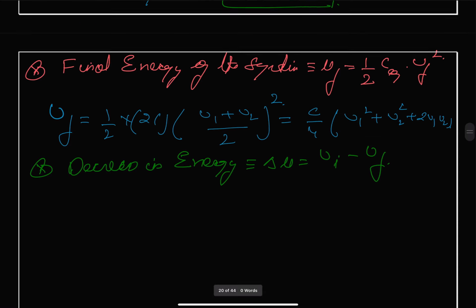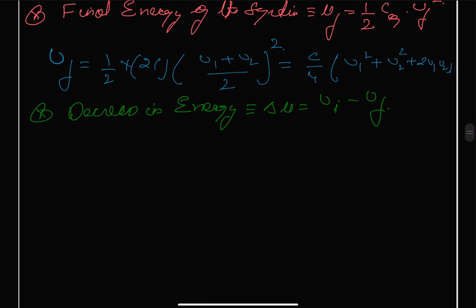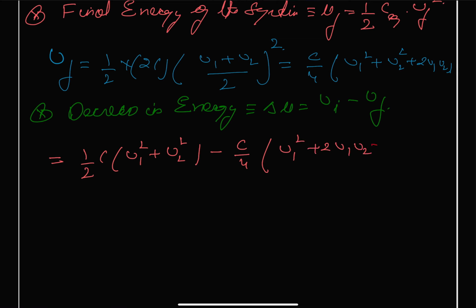We already know both the equations, so we get U initial was half C (V1 square plus V2 square), and this is minus C by 4 times (V1 square plus twice V1 V2 plus V2 square), and we can take C by 4 as common.